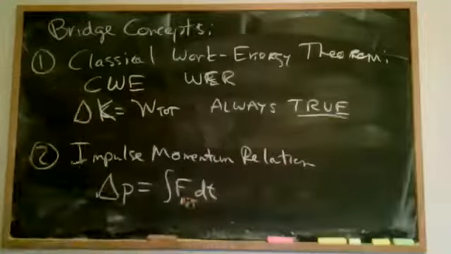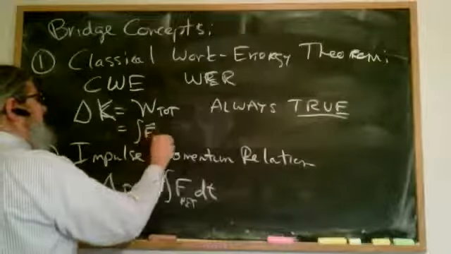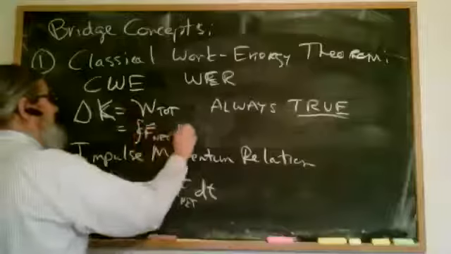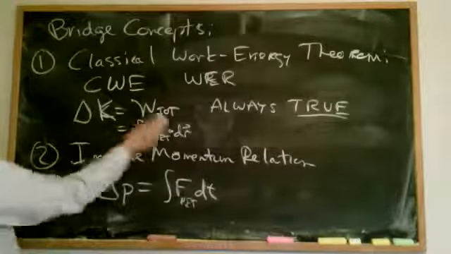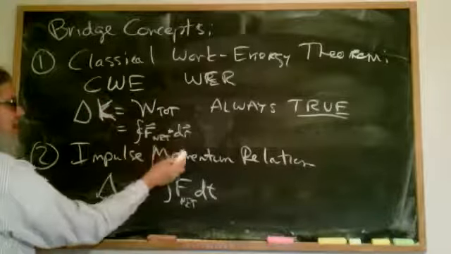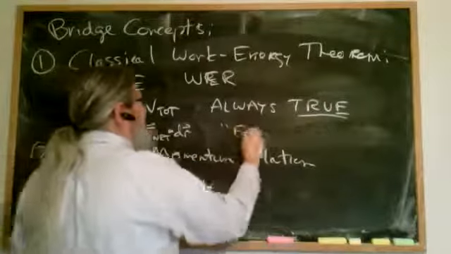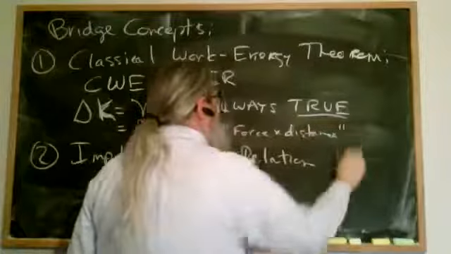And by the way, the work energy one is just the integral of the net force on a path, dr. So classical work energy tells you that the change in kinetic energy is equal to the integral on a path. In other words, this is force times distance, if the path is straight and the distance is straight.